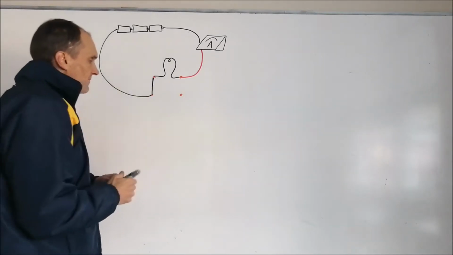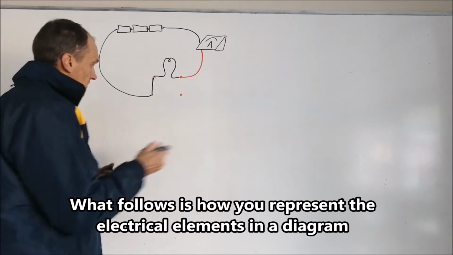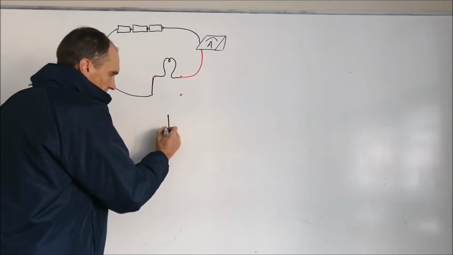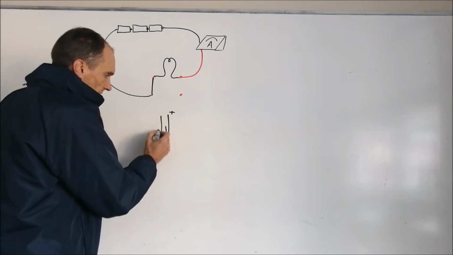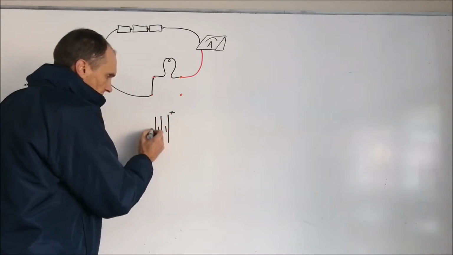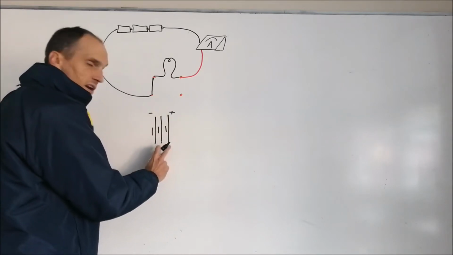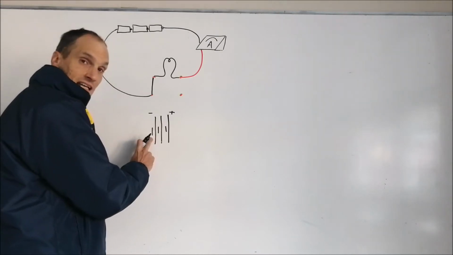So your battery, the positive terminal on your battery is the long line of the battery. So one cell of the battery looks like that, and this side is your positive side. And we had 3 cells forming a battery, and that is your negative side. So the long line is the positive terminal of the battery, and the short line is the negative terminal.